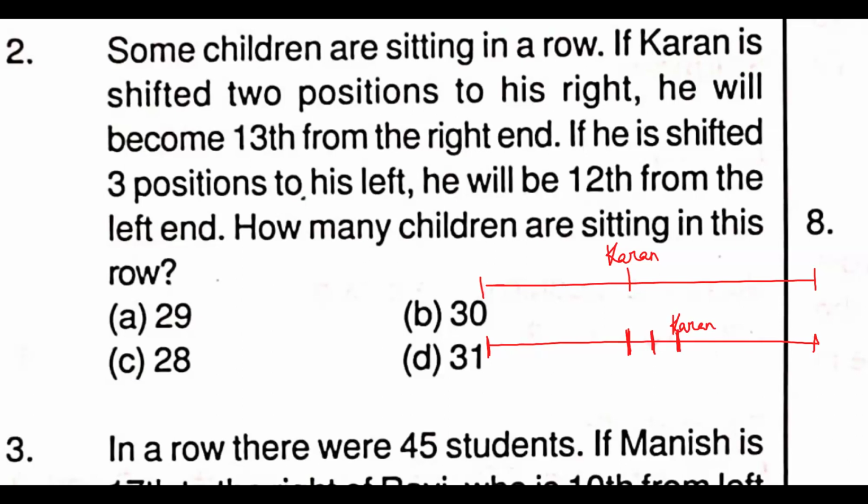Now if we count from the right end, Karan will become 13. That means how many persons will be sitting after Karan? Towards the right of Karan, how many people will be sitting if he is 13th from the right end?